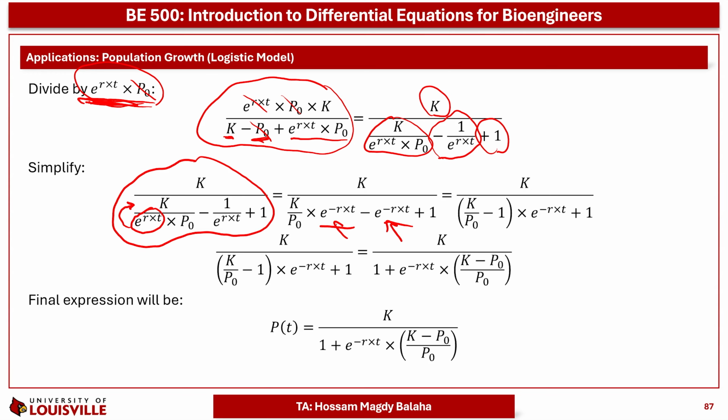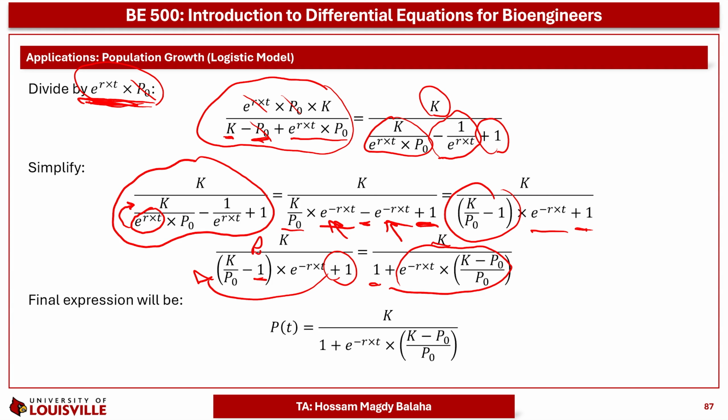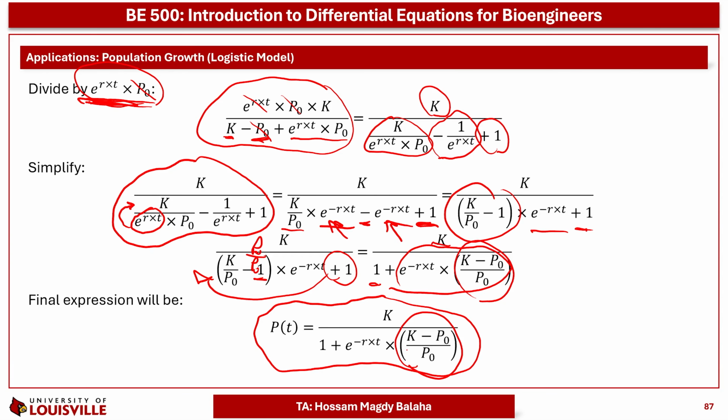Factor out the exponential, so the exponential will be here. The factor will be K over P naught minus 1, and plus 1 will be here. Move 1 to the front, so it will be K over 1 plus this factor. 1 is P naught over P naught, so it will be K minus P naught over P naught. So the final expression will be K over 1 plus exponential multiplied by a constant.